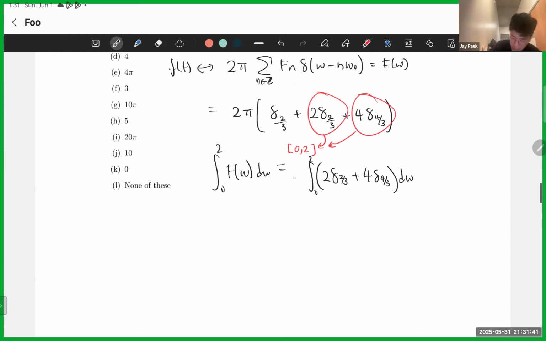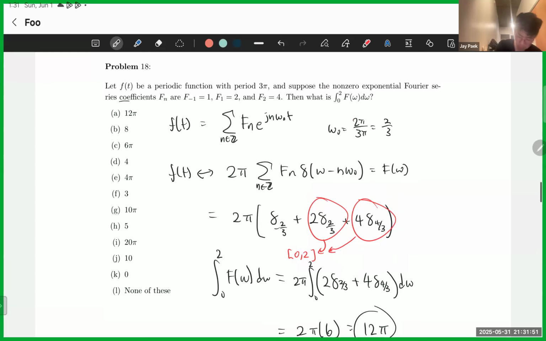And thus, don't forget 2 pi. 2 pi times 6, which is equal to 12 pi. Voila. All right, we are halfway through the final exam. And it's been 1:30, so not too bad. We're right on track.